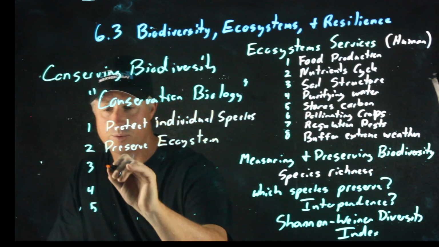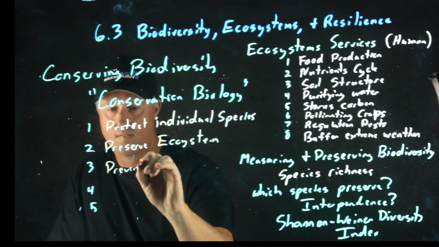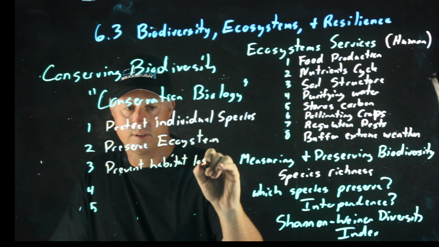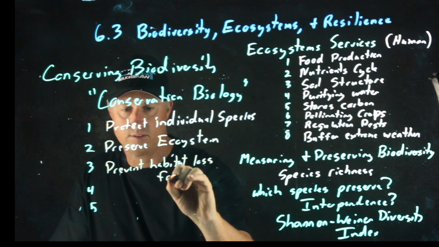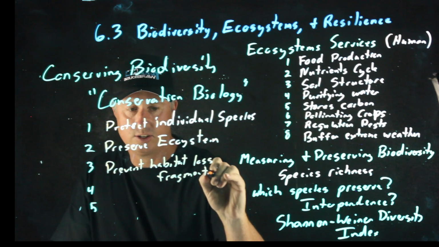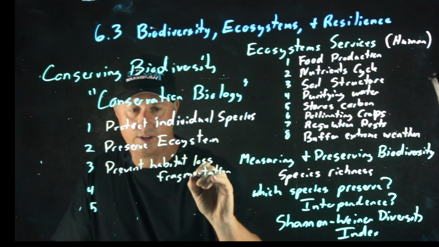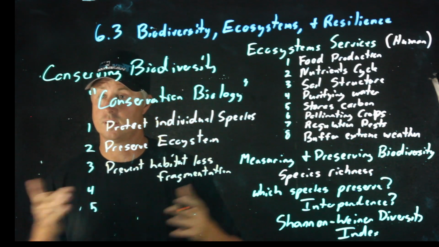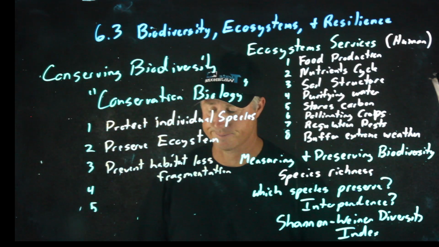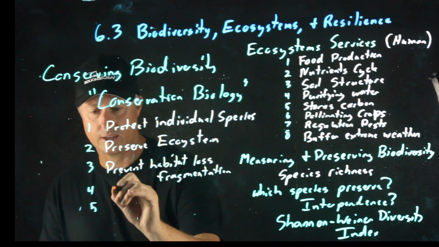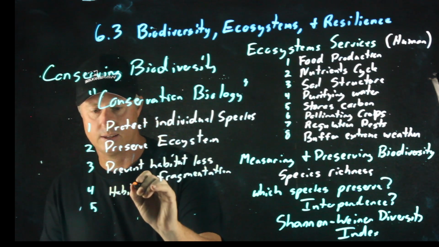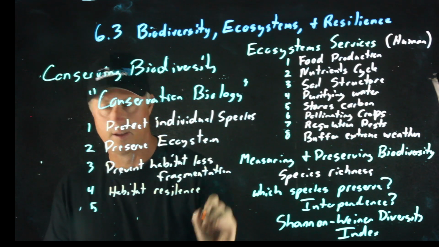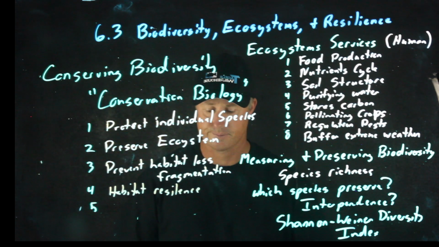Do we try to prevent habitat loss, which is also known as fragmentation? We have a habit as humans to break things apart and make them little pieces, not as a connected whole, fragmentation. How do we look at if the habitat is resilient and will bounce back from disturbance?